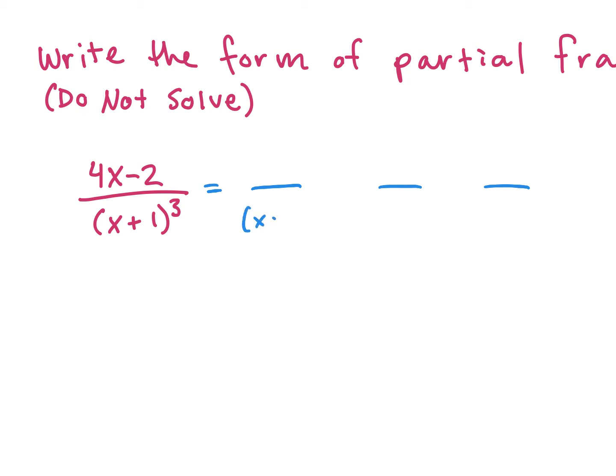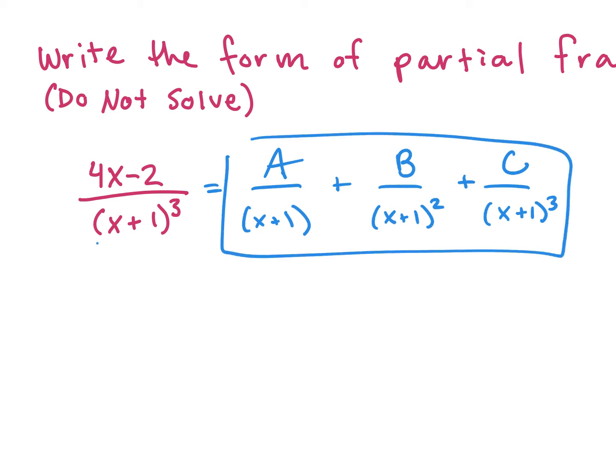So the first one's going to be x plus 1 to the first power. Then we have x plus 1 to the second power, and then x plus 1 cubed. And then A, B, and C. So that's how we would set this one up when we have a binomial with an exponent. So you have to have every degree before that one.